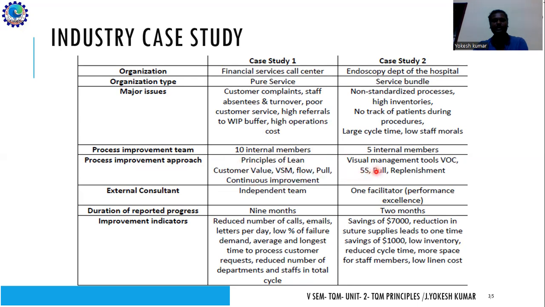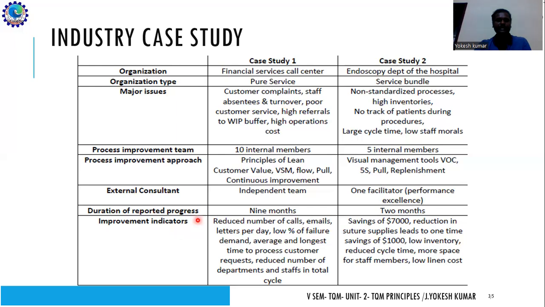In the hospital endoscopy department, visual management tools, 5S, Kaizen and replenishment were implemented. The external consultant for the financial industry is independent of the team, whereas in the hospital, one facilitator was arranged. The duration for reporting progress is fixed at 9 months for the financial industry and 2 months for the endoscopy department.